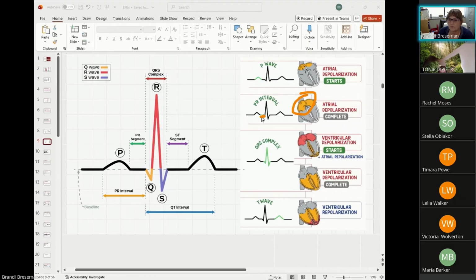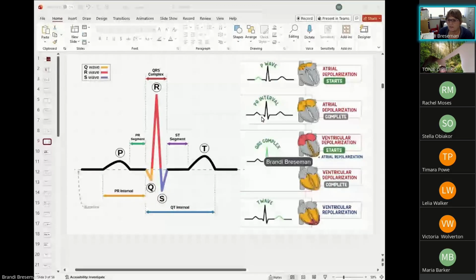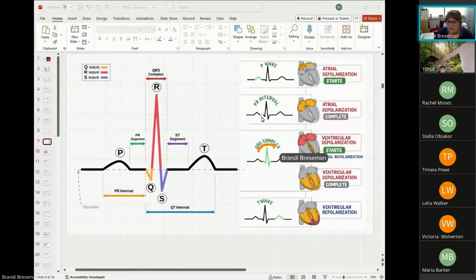Okay. So when you go down to the next one, when we start talking about our QRS complex, okay, then what's happening is that ventricle is depolarizing or contracting. And you can see the yellow on the heart here, right?